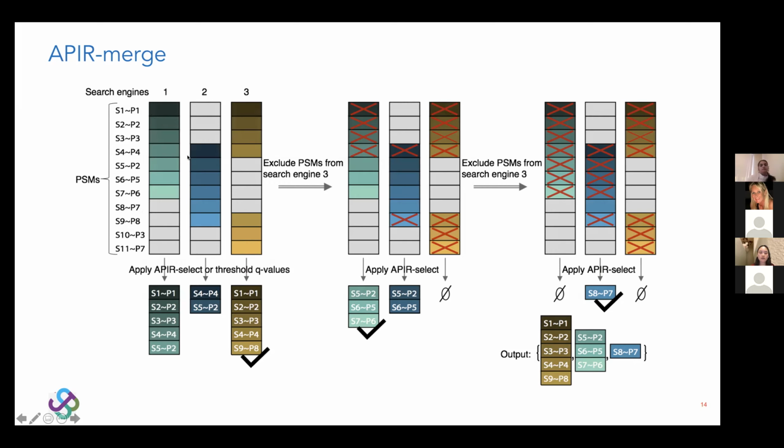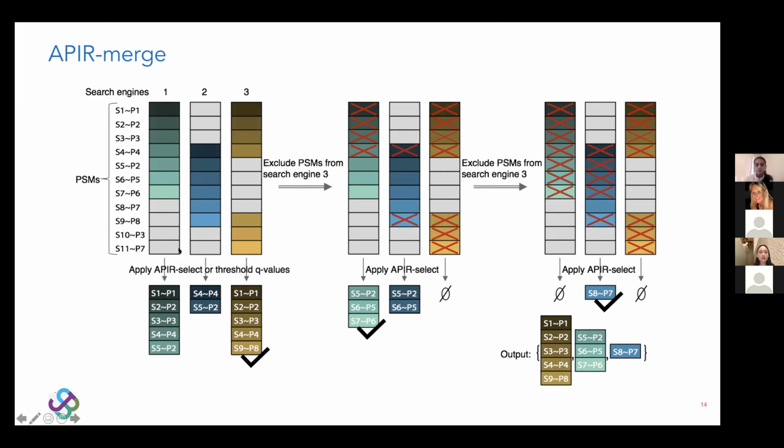In the first round, it will apply APIR-select, or simply threshold Q values, to each of the search engines here. And let's say these are what we found using these FDR control approaches. APIR-merge will select the one that has the most unique peptides.